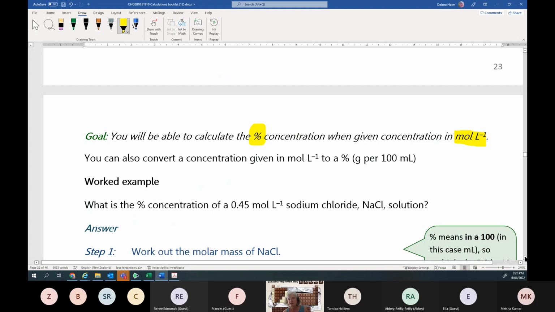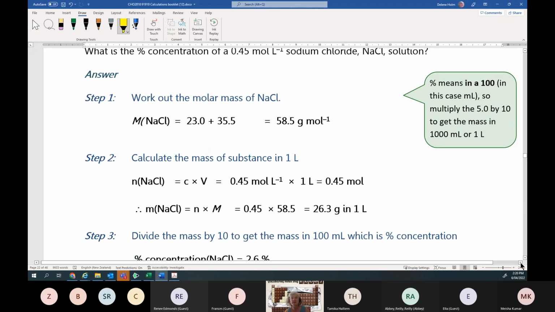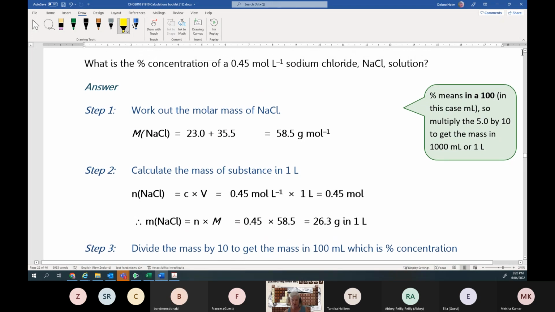So if you think of how to do it in reverse, you are given, let me go up a little bit. You are given a concentration in mole per liter. And if you've got this, then this is, remember, 0.545 mole.